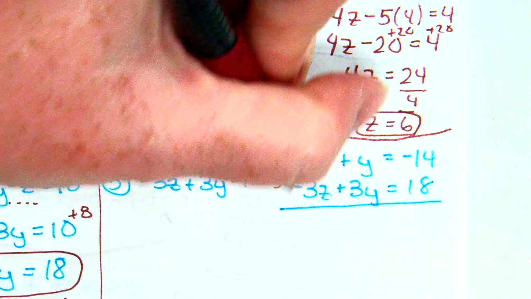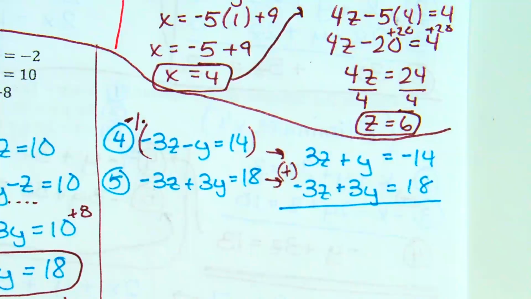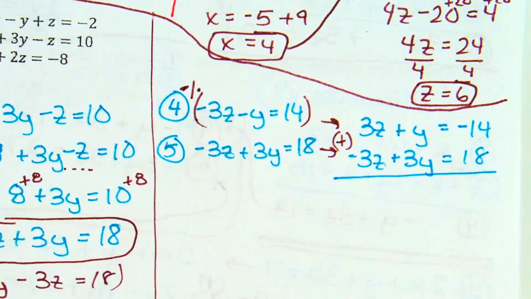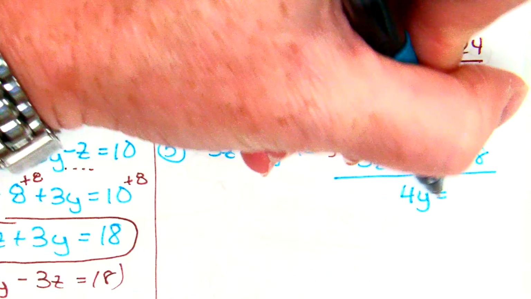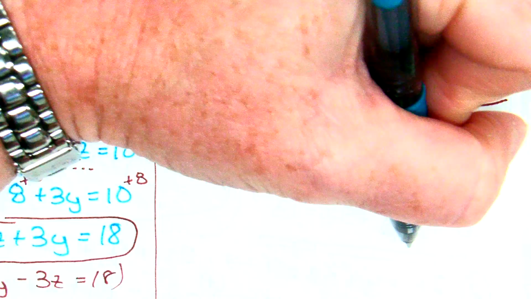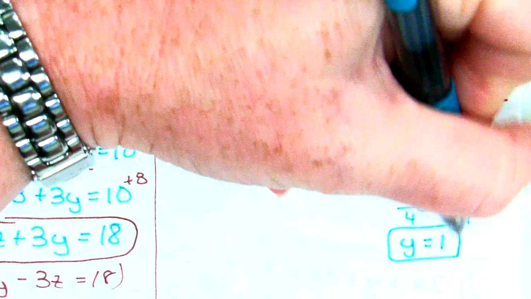The z's have a positive 3 and a negative 3, so I'm ready to add these. 3z plus negative 3z cancels. y plus 3y is 4y. Negative 14 plus 18? 4. If 4y equals 4, divide by 4, and y is 1.